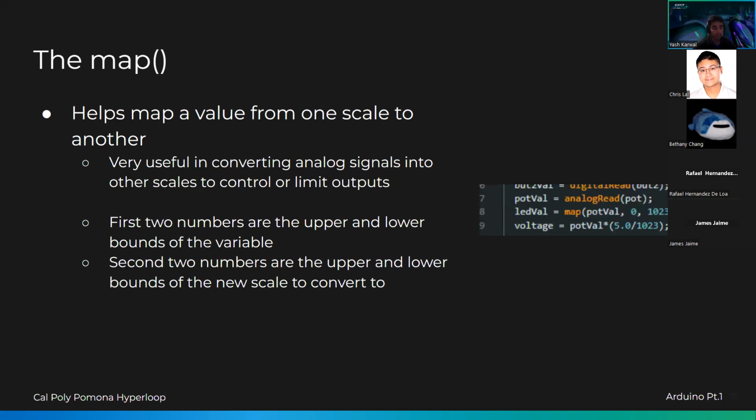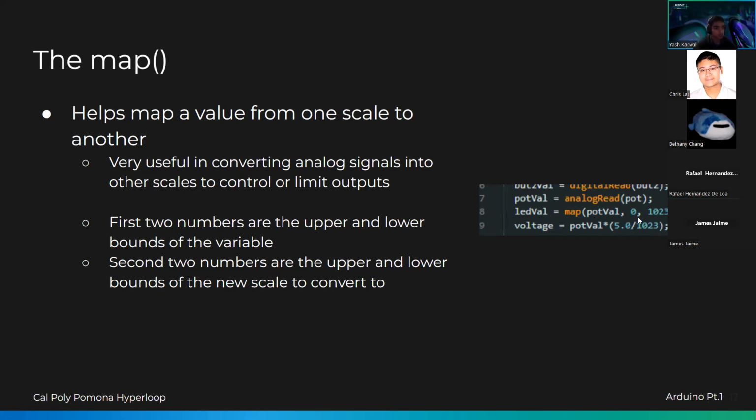So the analog write that I want to put that scales from 0 to 255. So I mapped the potentiometer's scale to the scale that I want it to go to, and then put that into LED val. So then when I write analog write, I'll put the LED pin to the LED val, it'll output at the proper scale.